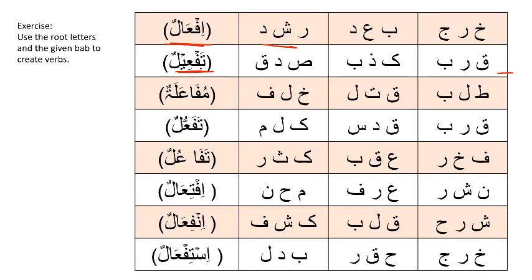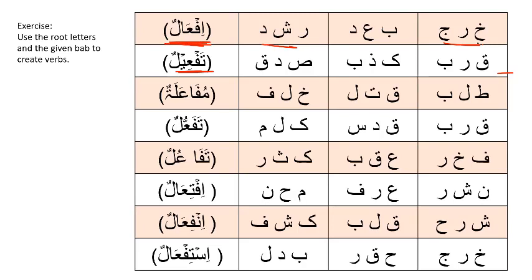And then if you could somehow try to get an Arabic dictionary, in the dictionary the order is based on the root words. So you would look for kharaja, and when you look at the meaning of kharaja, you would look for bab if'al, and there you would see the meaning.